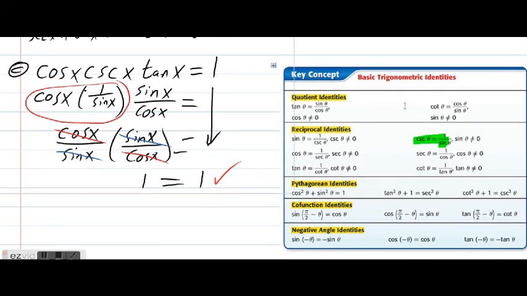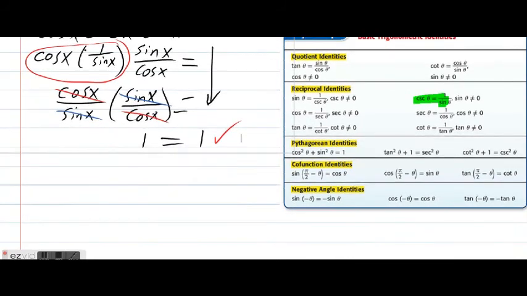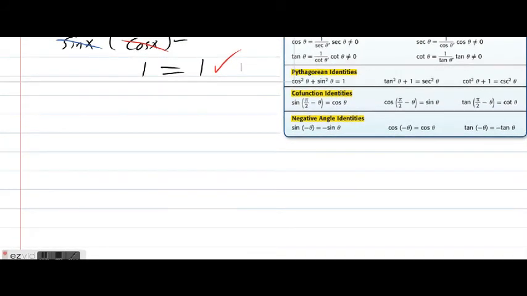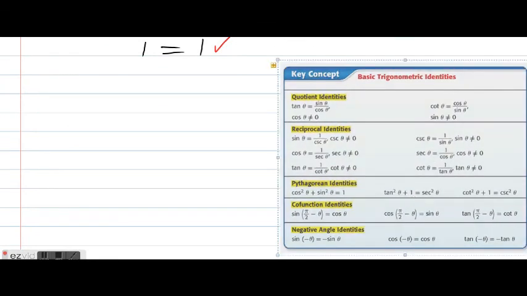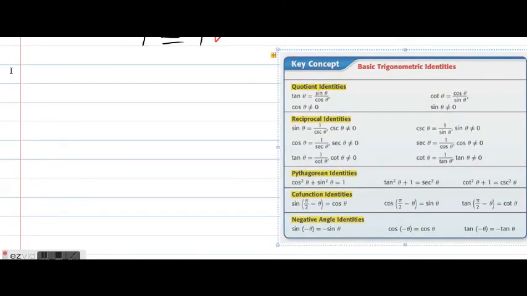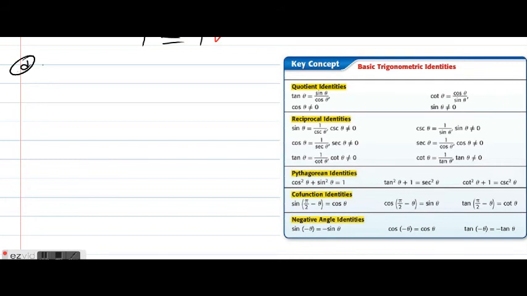Alright, one more. And I hope you guys are actually trying these on your own. I hope you're actually hitting pause, giving it a try. Okay, last one. Let's make it a little bit uglier. Tangent squared x plus 1, and again, x and theta, exactly the same thing. It's not that big of a deal.